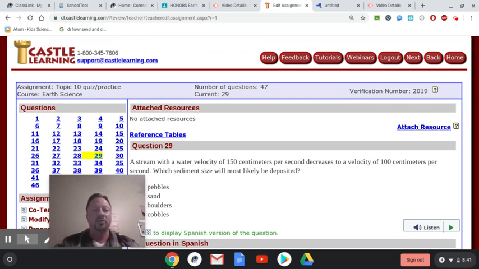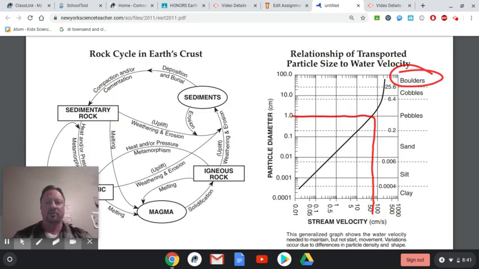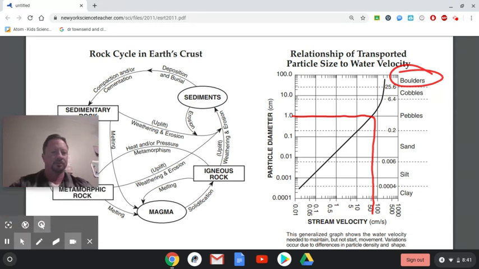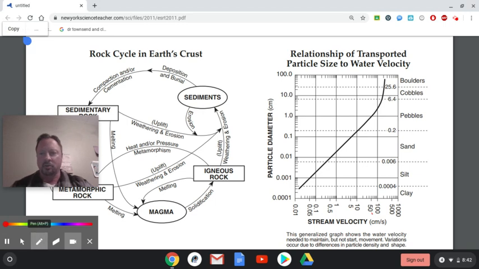29. Stream going 150 slows down to 100. What is going to get deposited? Okay, so again, that's going to be a reference table question. So going from 150, which is between 100 and 200, the only thing a 150 centimeter per second stream can carry is pebbles, and not even all of them.